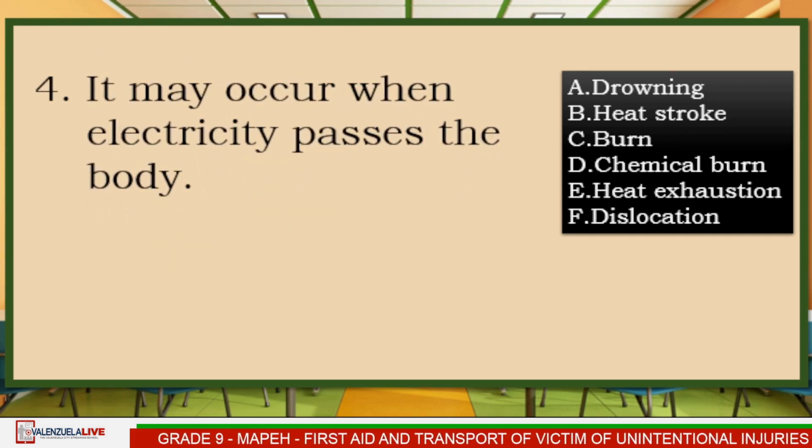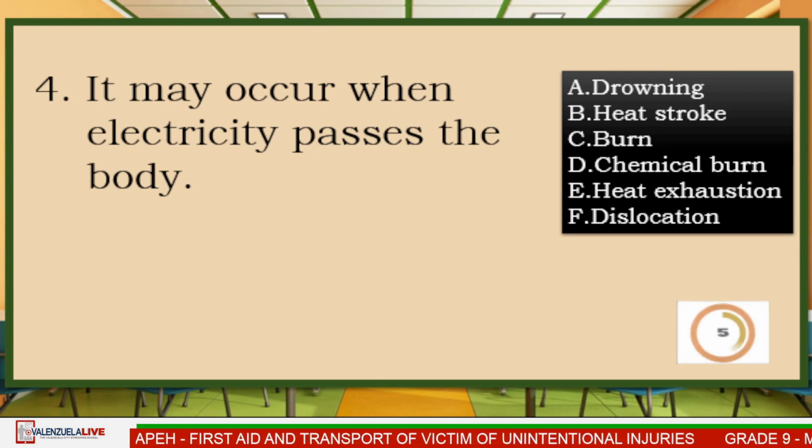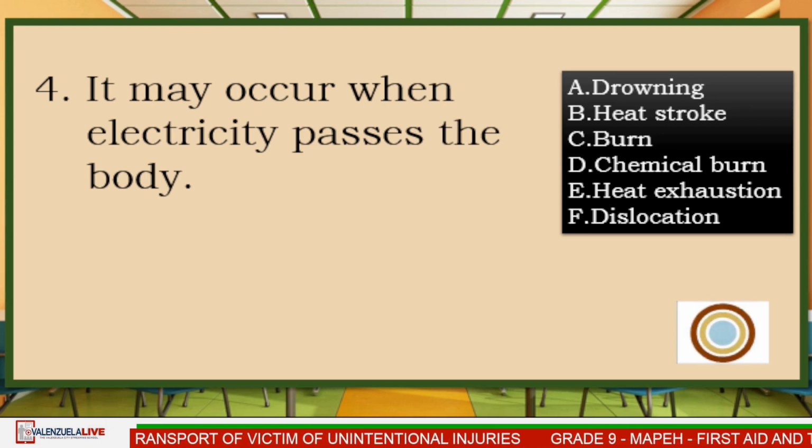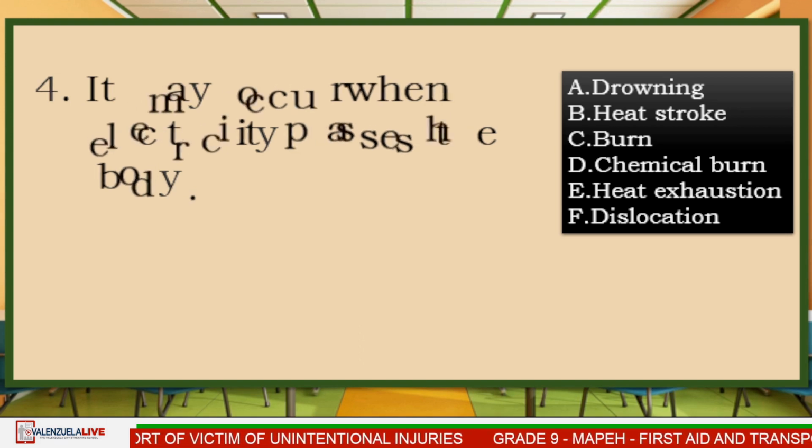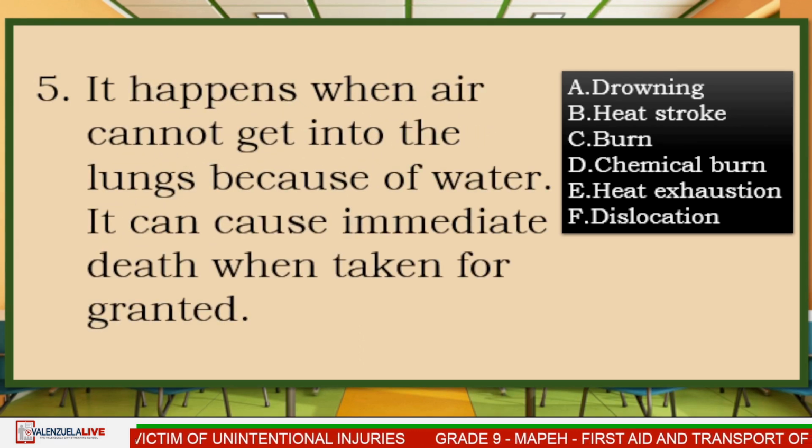It may occur when electricity passes through the body. It happens when air cannot get into the lungs because of water. It can cause immediate death when taken for granted.